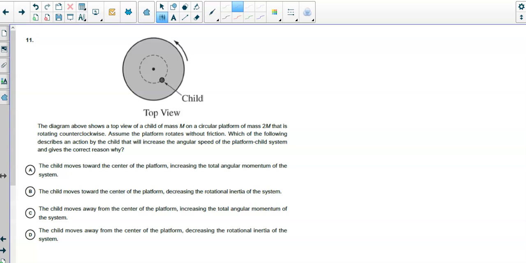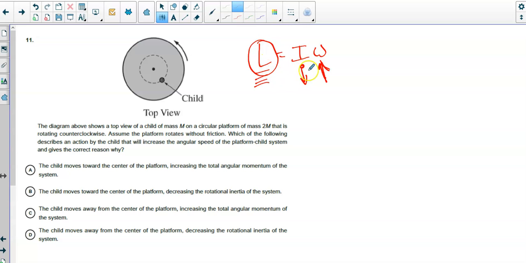So, first of all, the whole system has an angular momentum of I omega. We want it to spin faster. Remember, angular momentum is conserved. So if we make this value, I, go down, this has to go up to compensate in order to keep this the same.